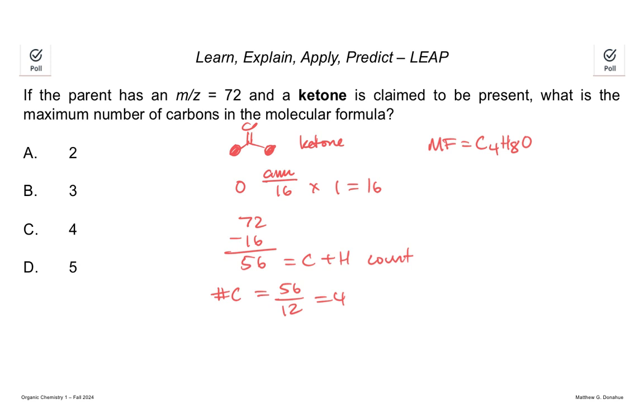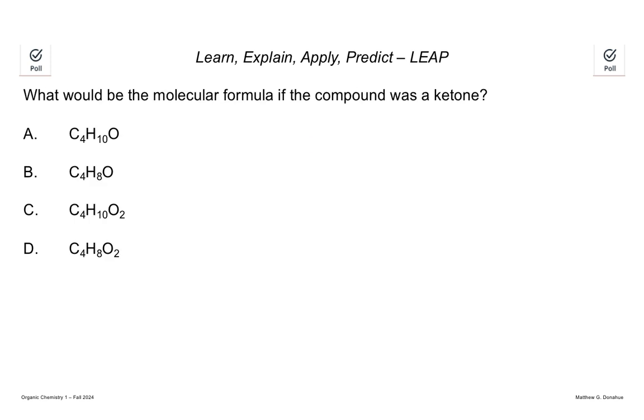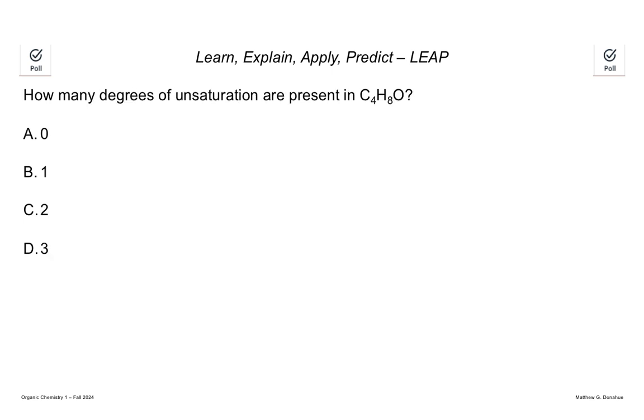And so we already know again that 1 degree of unsaturation is due to the carbonyl, but are there more than that? So that's, I think, the next slide. So C4H8O, that was the molecular formula. So now we have n equals 4. So that's C4H10.